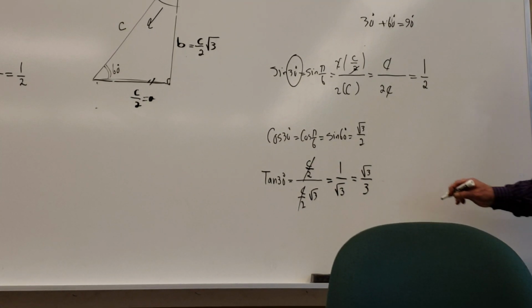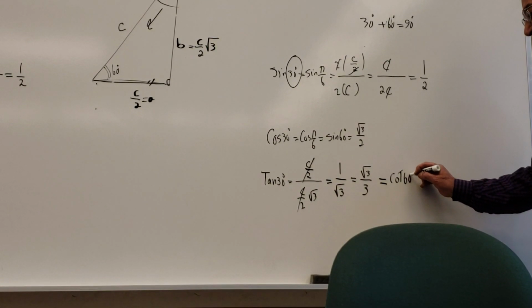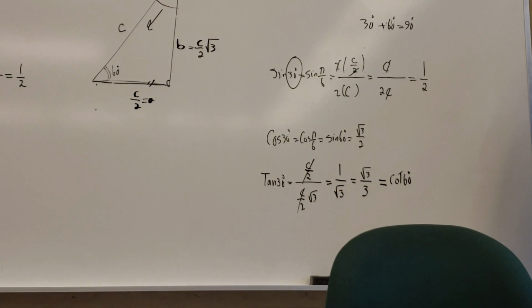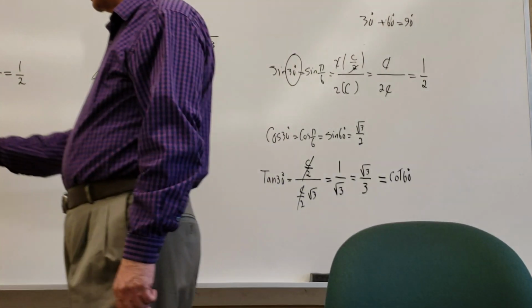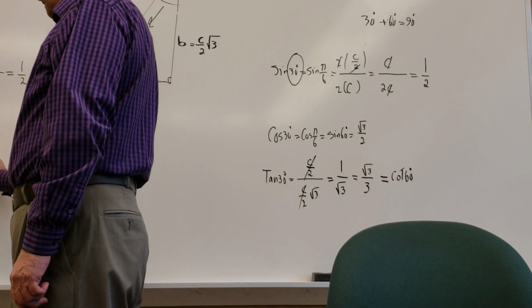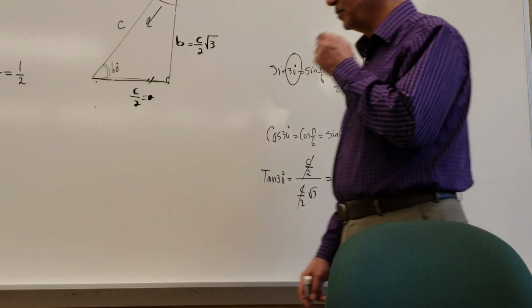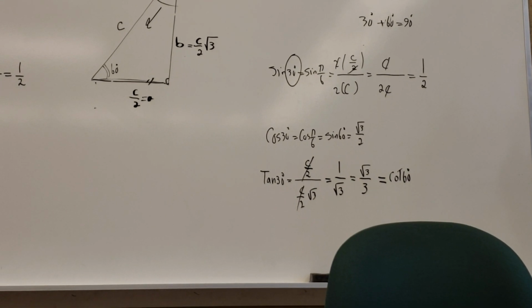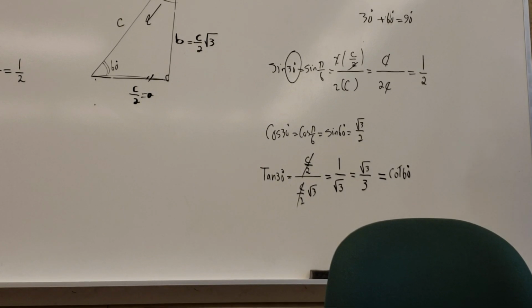Now, do you guys agree this is the same as cotangent of 60? Because when you add the angles, it gives you what? 90, isn't it? So this is not just tangent of 30, this is also cotangent of what? So we're killing two birds with what? One shot. Yeah. Okay.